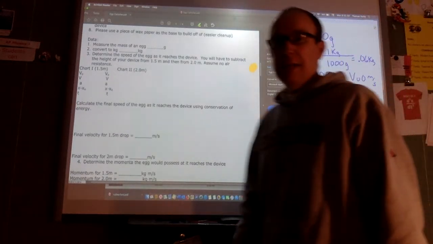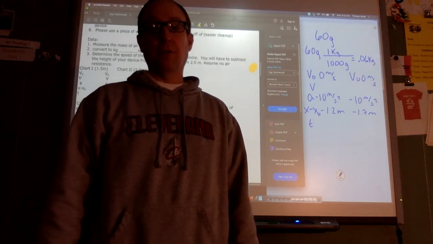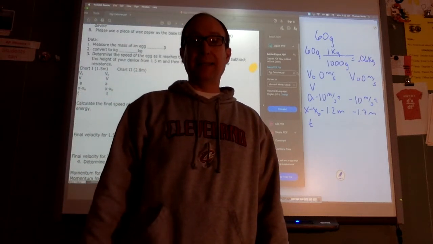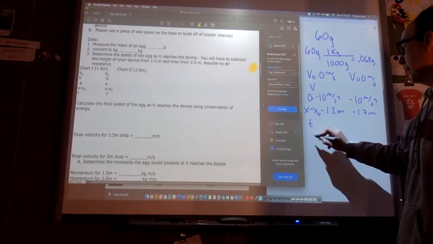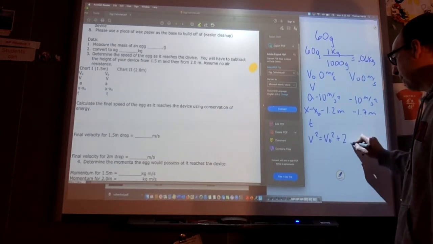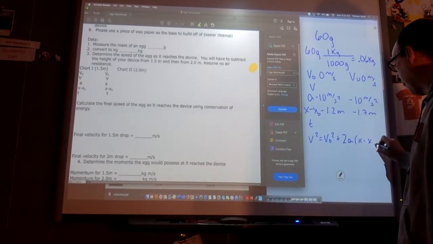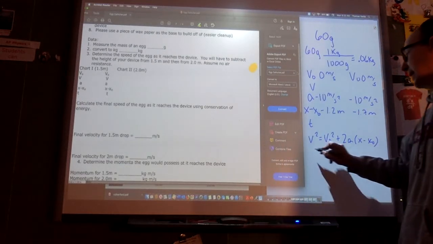All right, so I'm interested in the final velocity. I don't really care for how long it's going to fall for. So what is my final velocity as I reach the device? And so I know in kinematics that v squared equals v naught squared plus 2a times (x minus x naught).